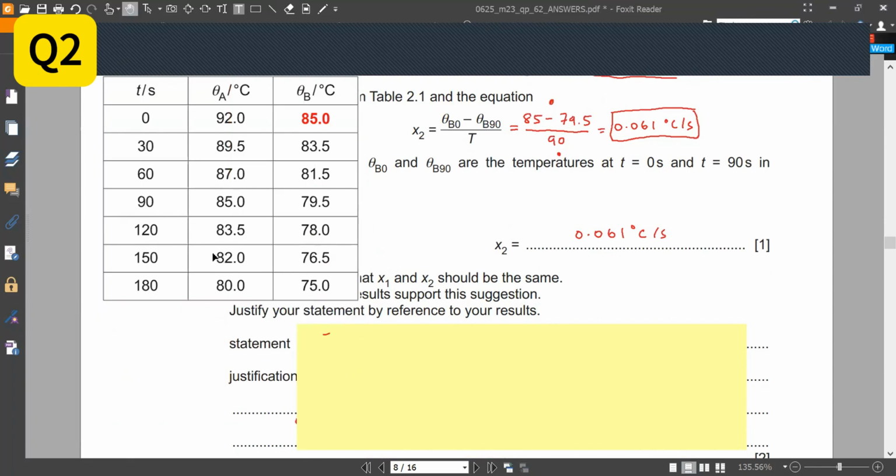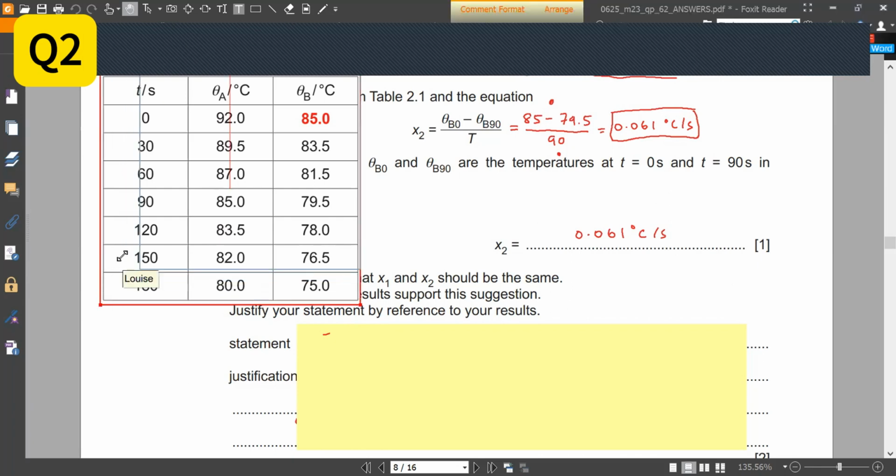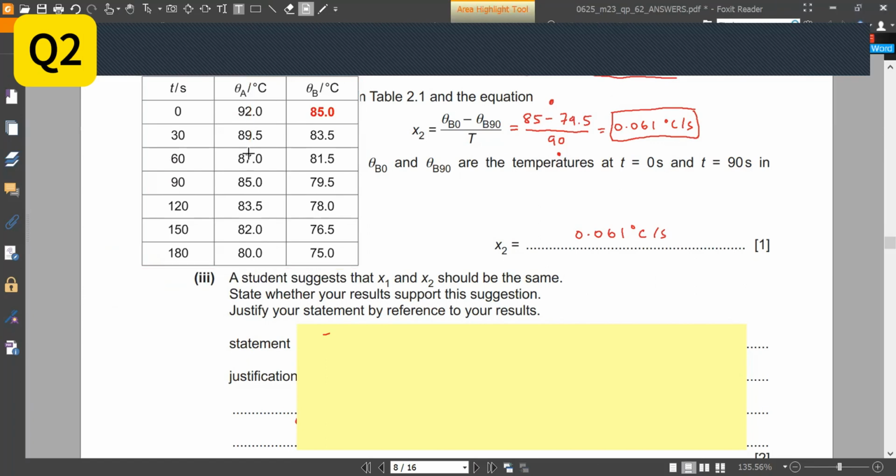Now we will see carefully what we are comparing here. The first calculation, we are calculating this part. Second calculation, we are calculating this part. So actually it's a very similar calculation. It's going from 85 to 80, so it's a 5-degree difference over 90 seconds. This one is also very similar, 5.5 degrees Celsius over 90 seconds.